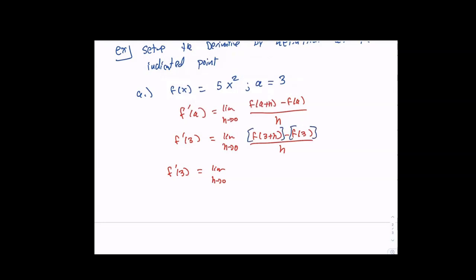If f of x has more than one term, if it has 2 terms, then it's very important. So I get the limit as h approaches 0 of 5 parentheses 3 plus h quantity squared, so I replace the x with 3 plus h, minus 5x squared all over h.